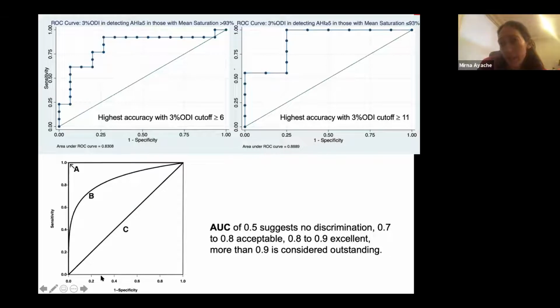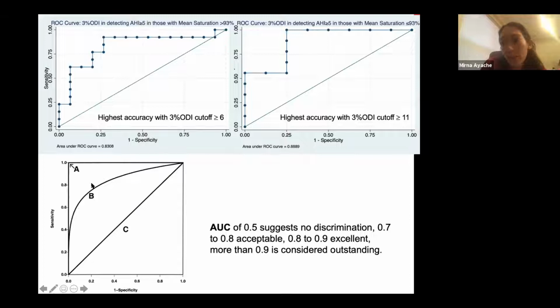And a worthless test would, for example, have a line like here, because that means that the sensitivity and specificity are like flipping a coin. So it's really a worthless test. Now, the more you go towards the corner here, which represents 100% sensitivity and zero for the x-axis, which is 1 minus specificity, so that would be 100% specificity, the better the test is.